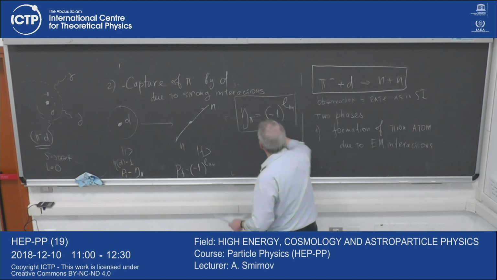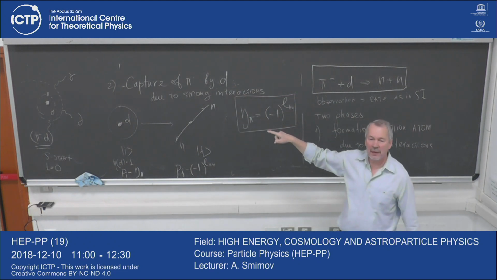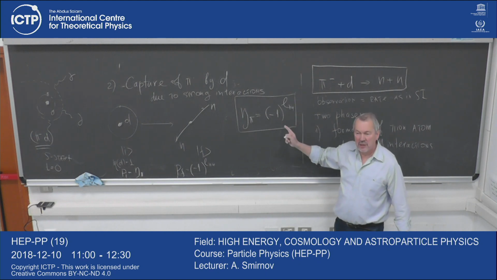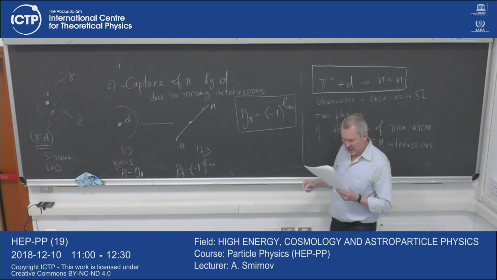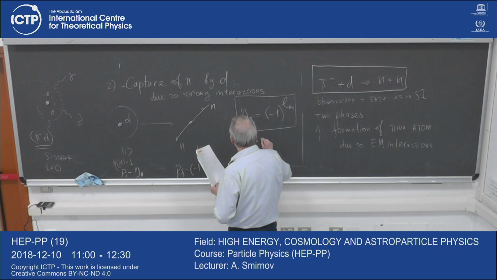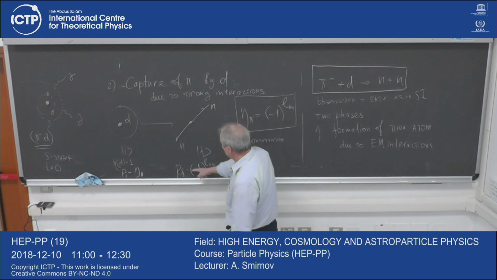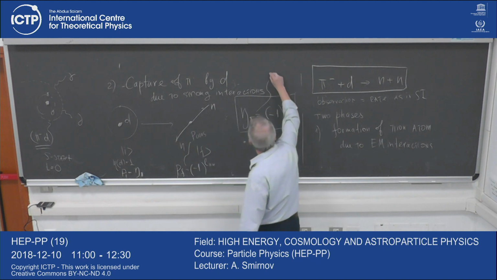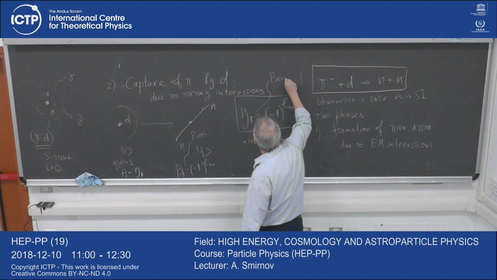So in this way we connected the intrinsic parity of pion with the orbital motion of two neutrons. You can measure this, and you can actually find this using conservation of angular momentum. So here we use conservation of parity, right? So this is P conservation.